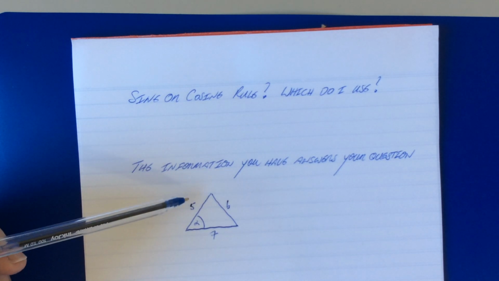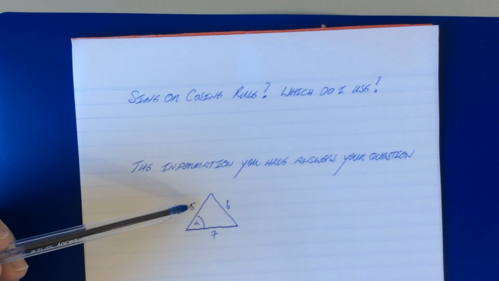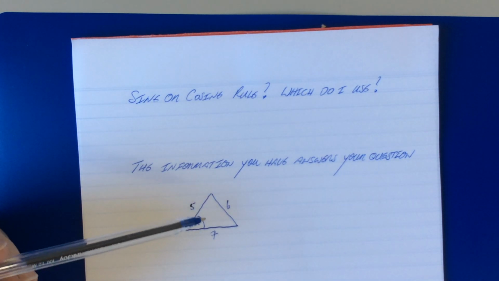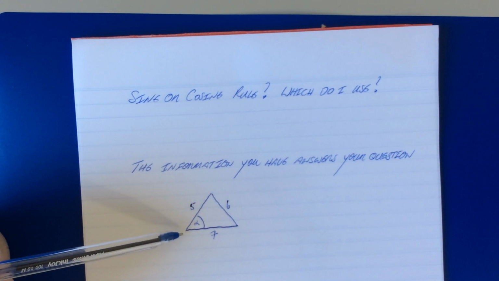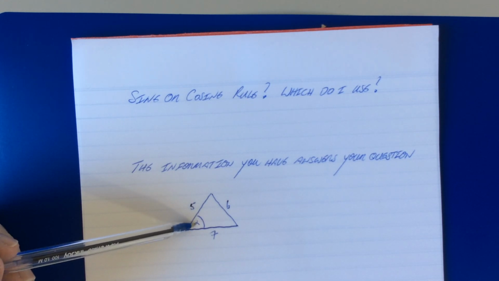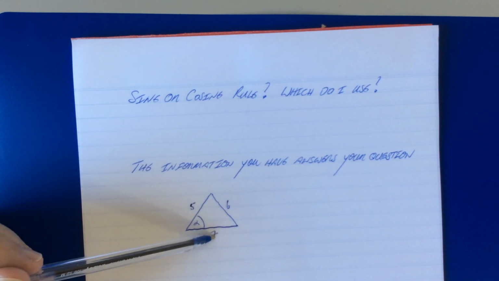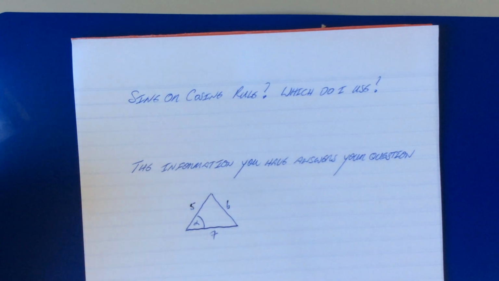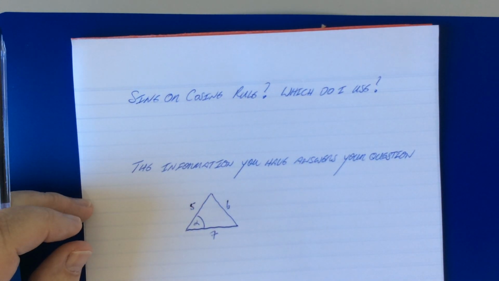The reason is that there is a formula, one of the many formulas, there are 6 of them, that tells you that you can find the cosine of this angle by using the values of these 3 sides. So that's a definite for the cosine rule.